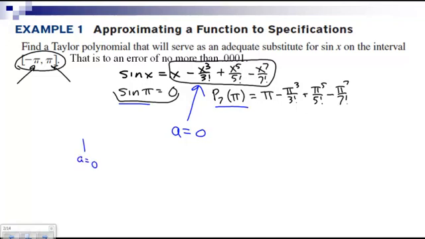At x equals 0, no error. At x equals pi, great error. And in between here, less error. So we care about the value of x. We care about how far x is away from the center of the polynomial.